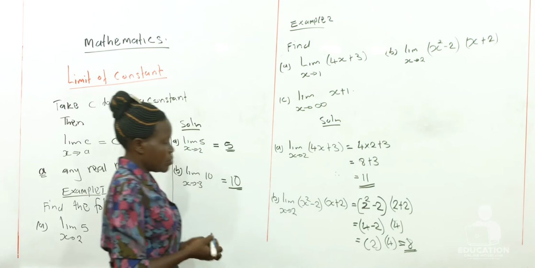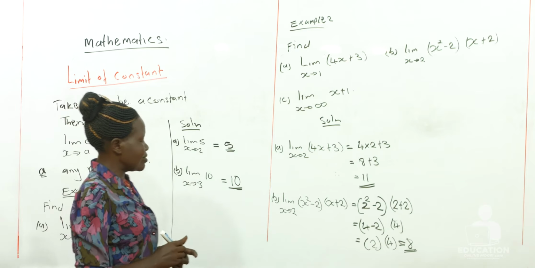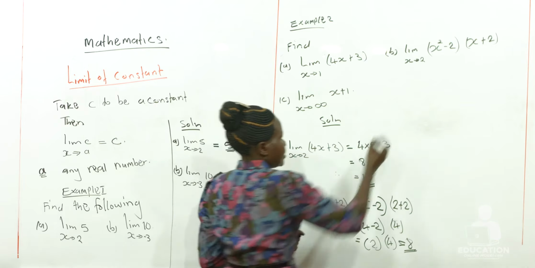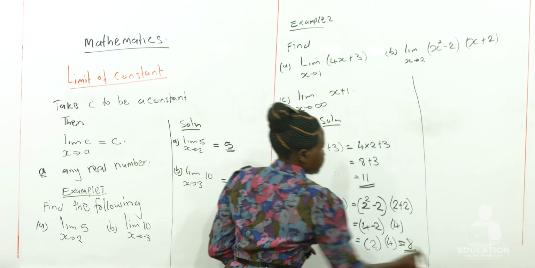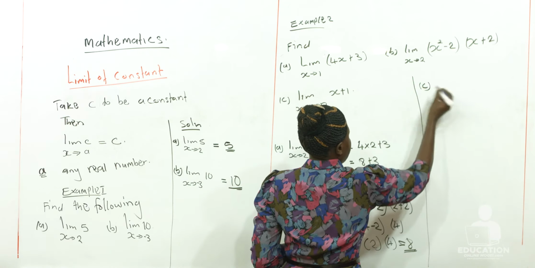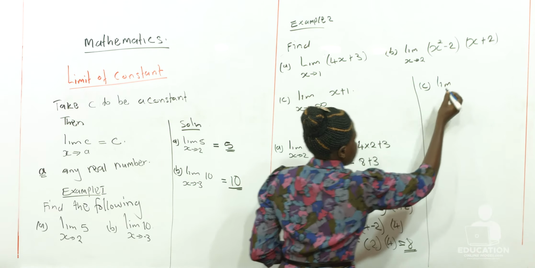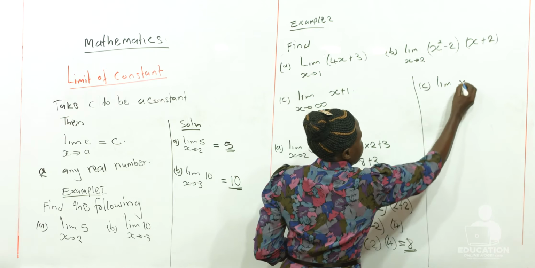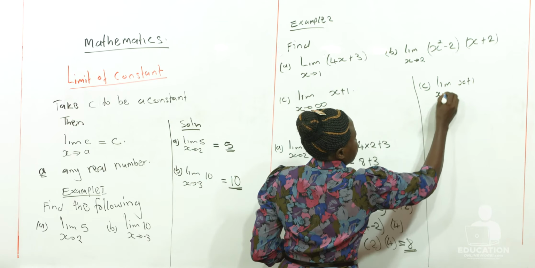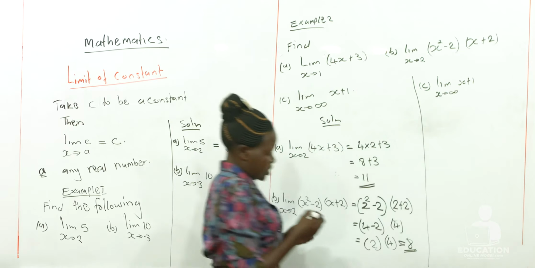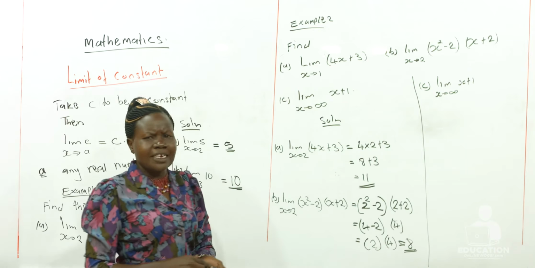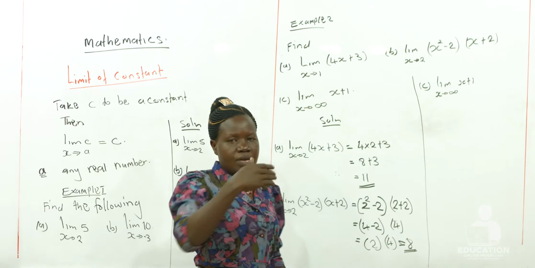So learners, as simple as that. That is how you handle this kind of limit equations. And then we look at part C. Part C says lim of x plus 1 when x is approaching infinity. Infinity means it has a start but no end. If something is continuing, we don't know where it ends.